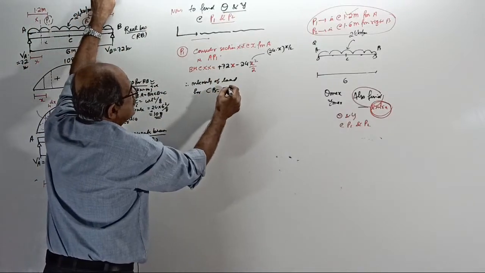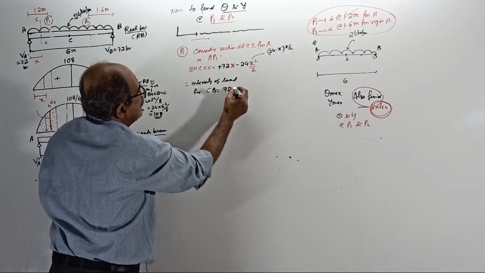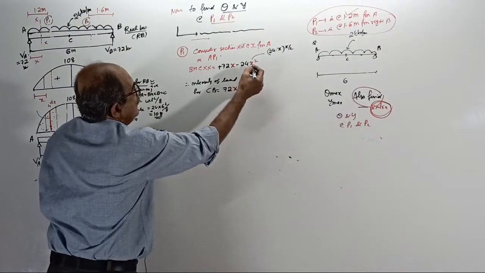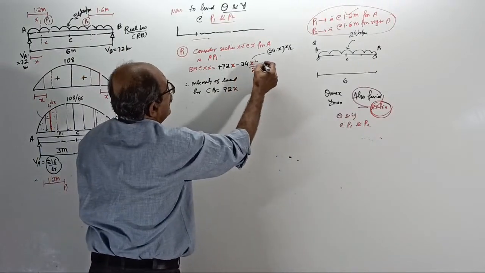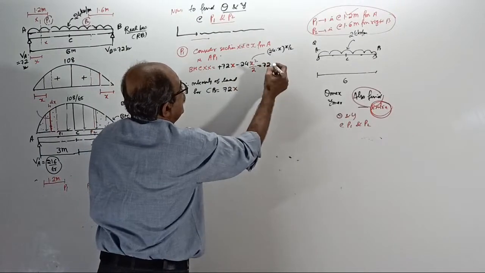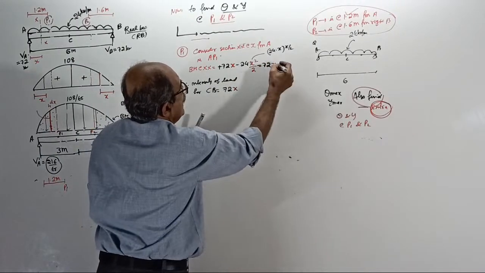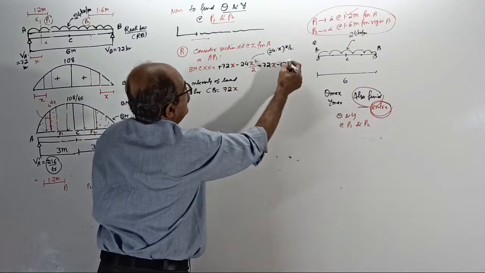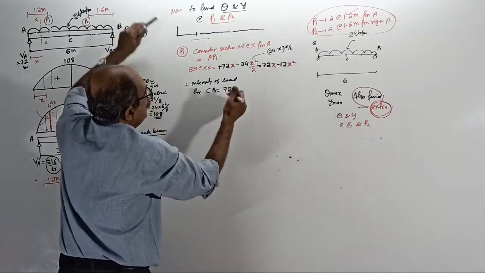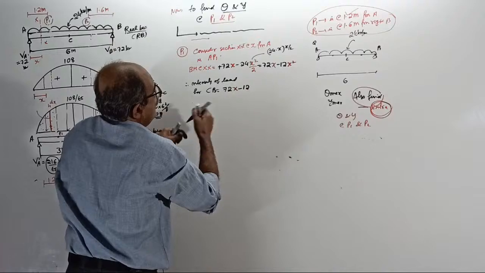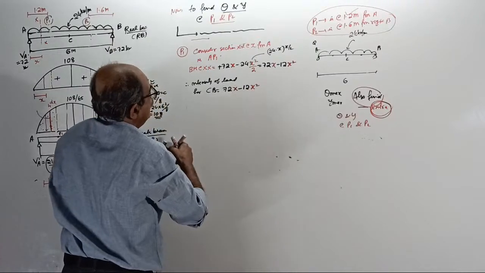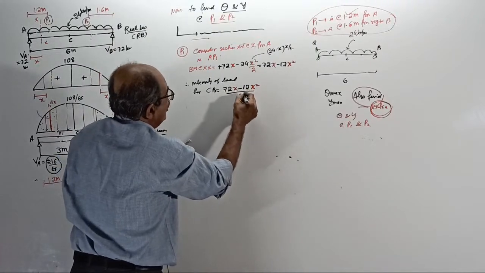How much? 72x, and 24x square by 2 I can make 12x square. So 72x minus 12x square, the BM divided by EI, is the intensity.